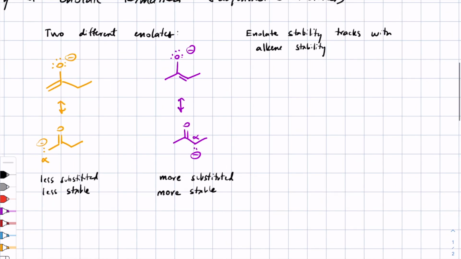Same reasons you learned in 351 apply. More substituted alkenes are more stable. That has to do with something called hyperconjugation, but we don't really need to go into that in a lot of detail now. But being able to recognize the difference between two enolates, the difference in how substituted they are, the difference in stability is pretty important.